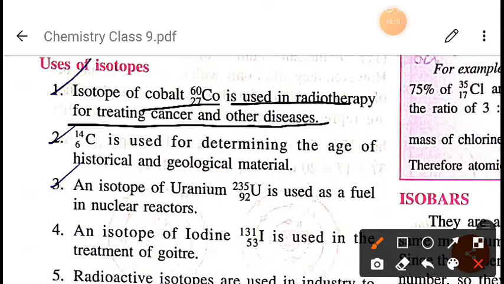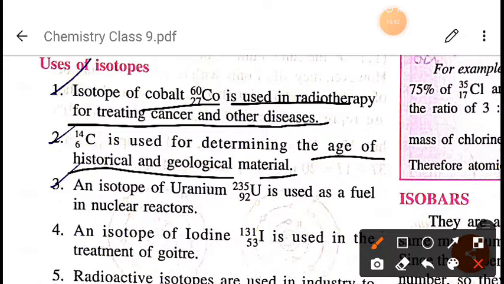Now carbon-14 is used to determine the age of historical and geological materials. Whatever historical or geological materials are found, their age is measured with the help of this isotope, carbon-14.